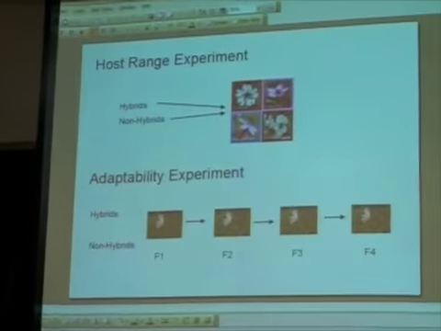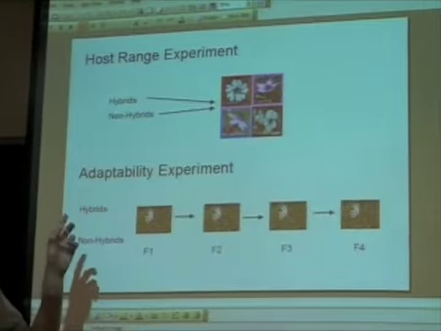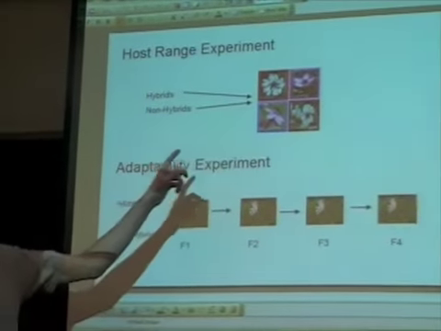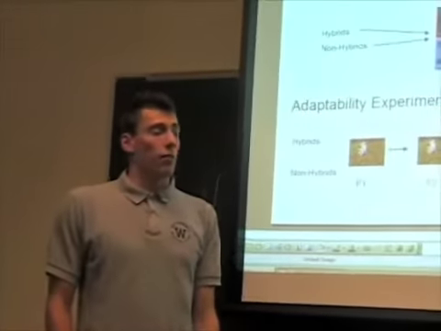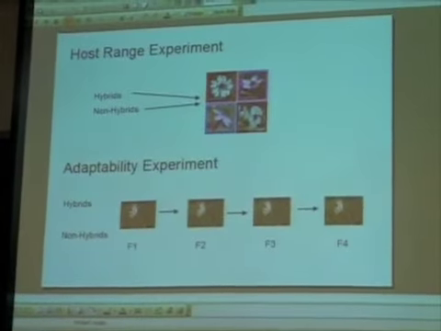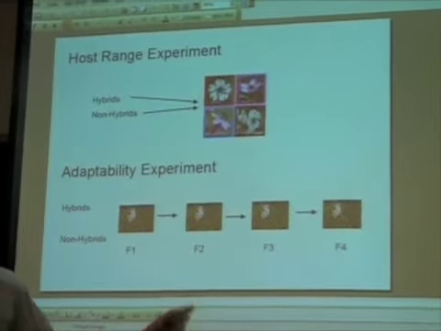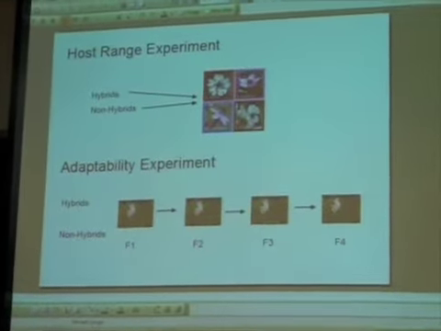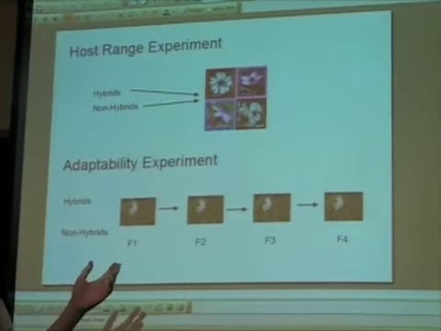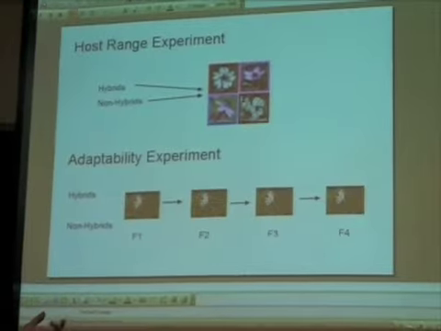So for my studies, I'll be doing 2 greenhouse experiments in which the first one deals with F1 hybrids. See if F1 hybrids have a greater host range than their parent strains. So I'll be using Mycobacterium on Silene and Dianthus for that experiment. My other experiment concerns later generation hybrids to see if they can, over multiple generations, evolve to infect new host species better than the parent non-hybrids can.